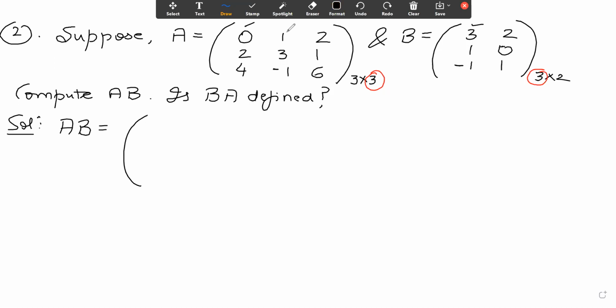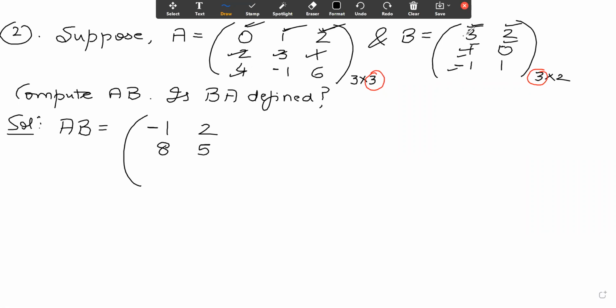0 into 3 plus 1 into 1 plus 2 into -1. What does it come out? -1. 0 into 2 plus 1 into 0 plus 2 into 1. It comes out as 2. 2 into 3 plus 3 into 1 plus 1 into -1 comes out as 8. 2 into 2 plus 3 into 0 plus 1 into 1 comes out as 5.